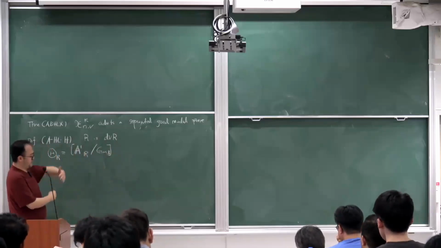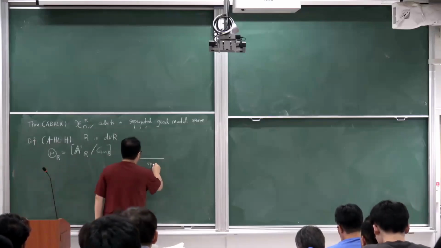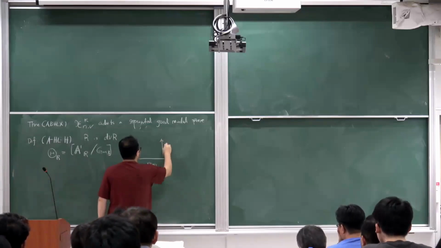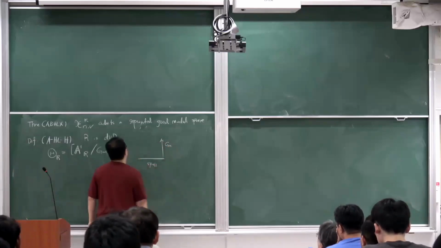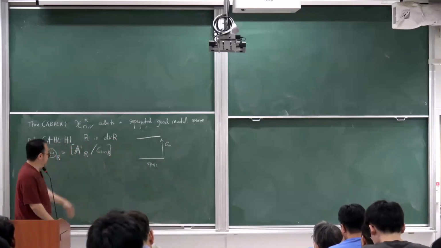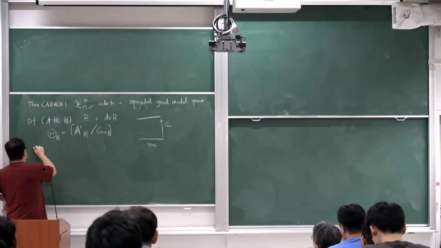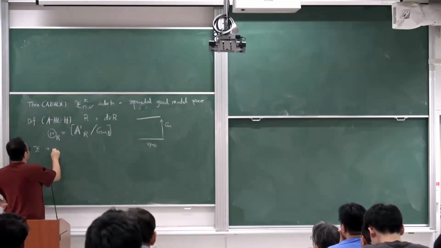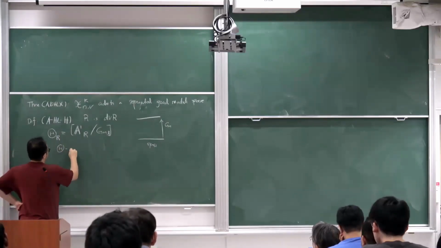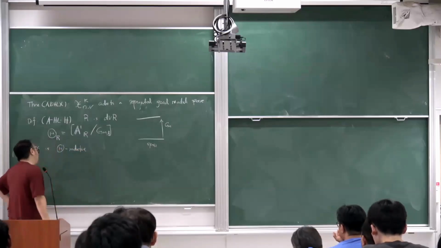So you basically have this family over Spec R, and in this direction you have a G_m action, and you have a limiting point here. We say X is theta-reductive.